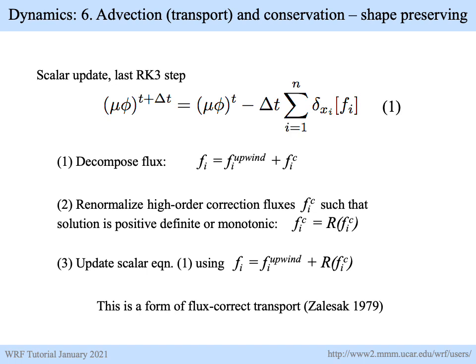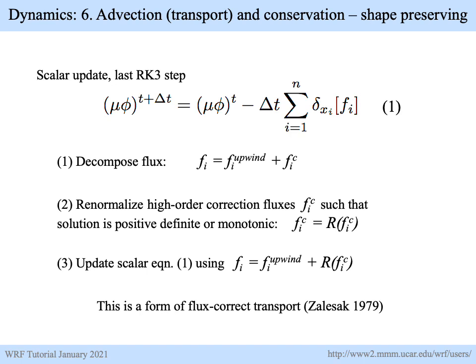If it does, we can then scale that flux. And in essence, taking less of that flux until it gets us just to the point where the solution is positive definite, or monotonic, with the maximum amount possible of that flux, and then update the full solution with that renormalized flux. And that's what we do, and that's the scheme, the flux-corrected transport scheme of Zalesak.